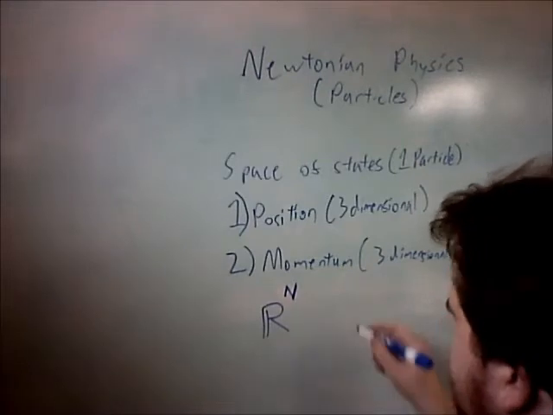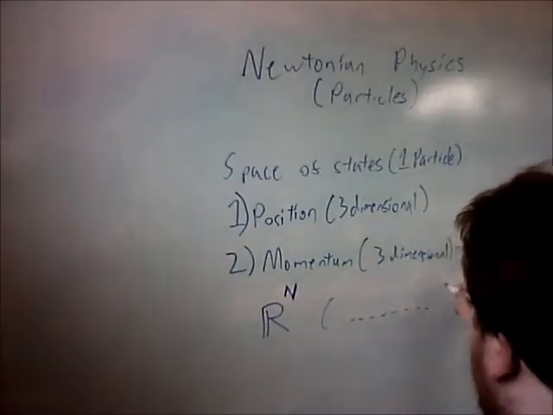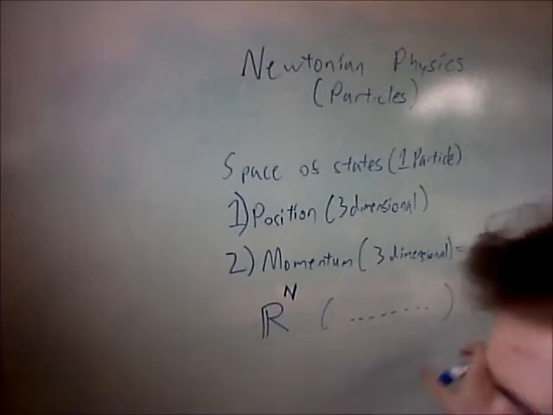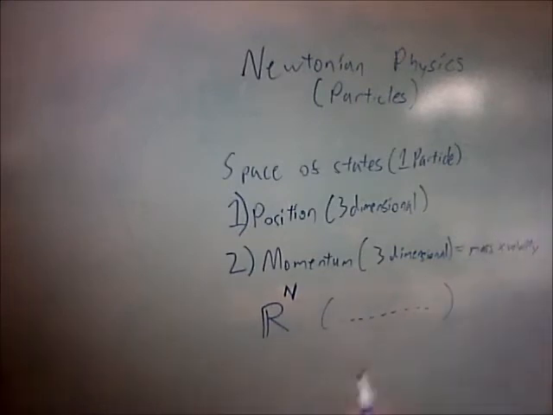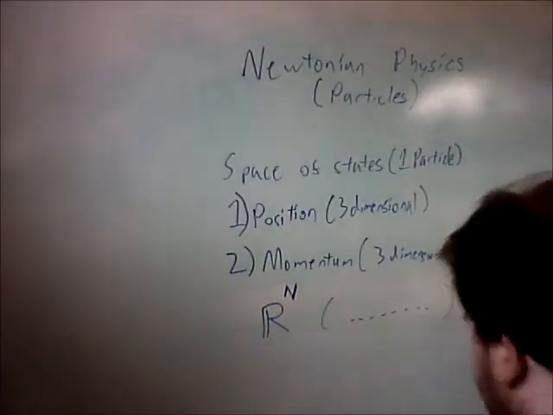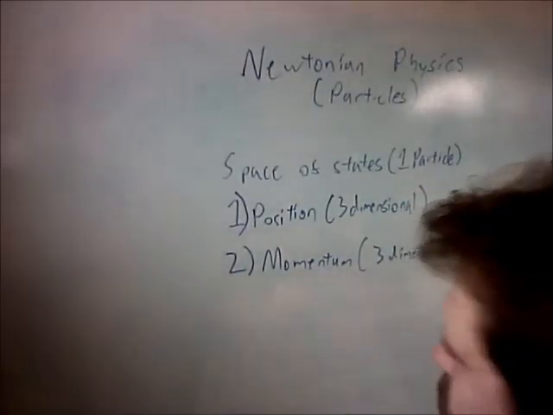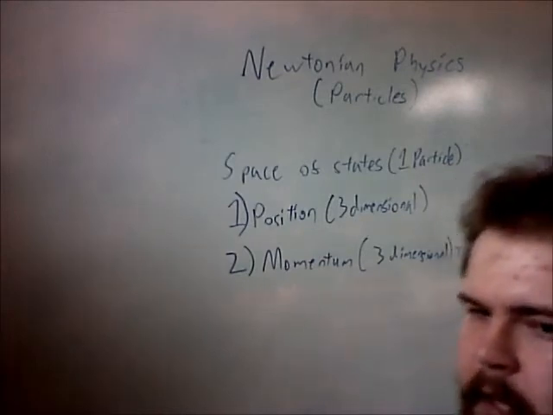R to the n is a set of n ordered objects, an ordered n-tuple. Every single element is a real number. Every single element can be any number from the real numbers. It could be 0, it could be 28, it could be negative 5, whatever. And so that's in general what an n-dimensional space is, the simplest n-dimensional space.